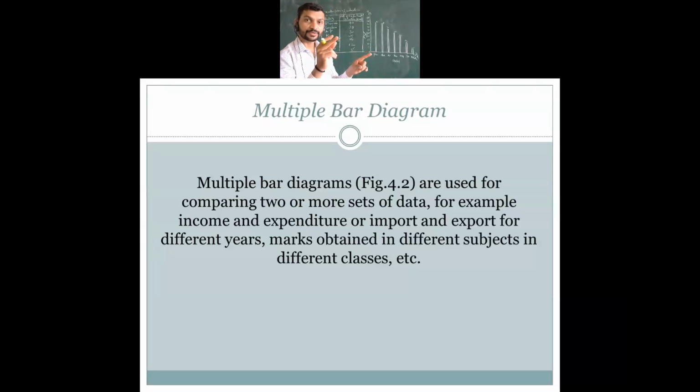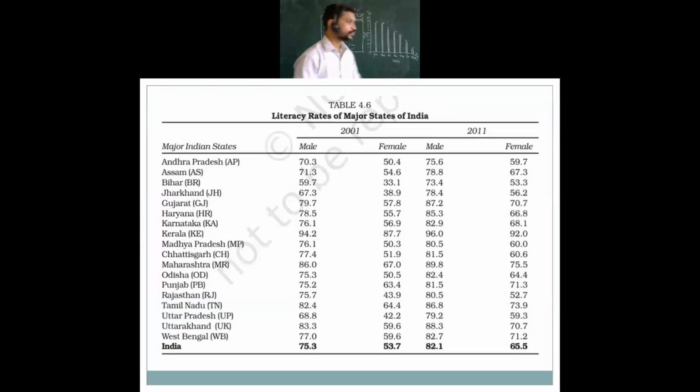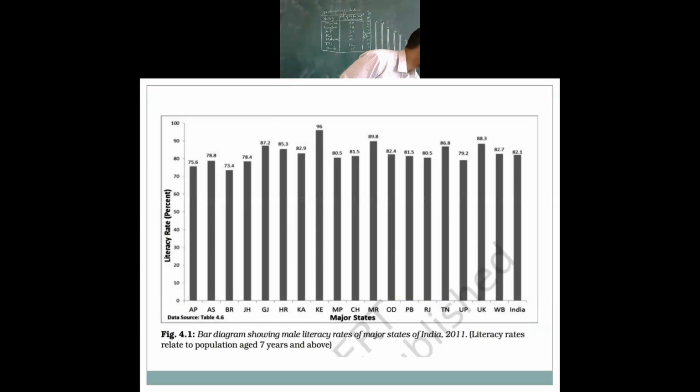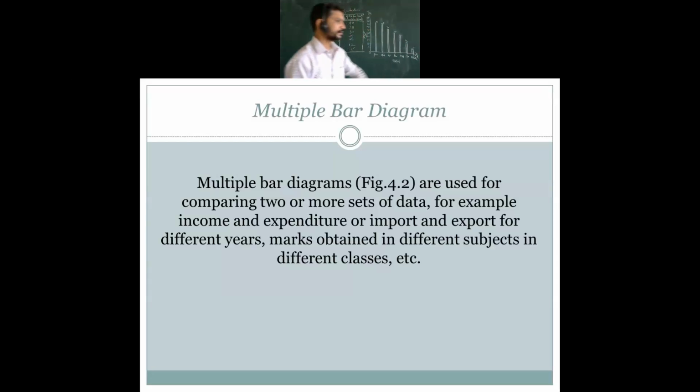In the table they have shown males: Andhra Pradesh in 2001 was 70.3, and in 2011 it was 75.6. It has increased, right? So for that comparison we build a multiple bar diagram.